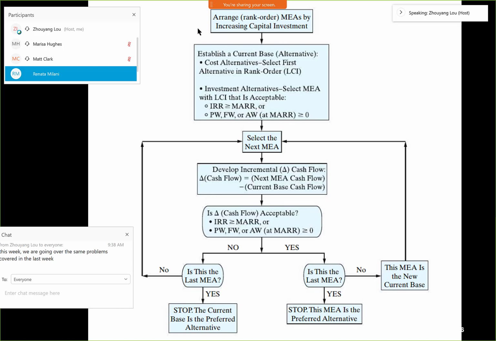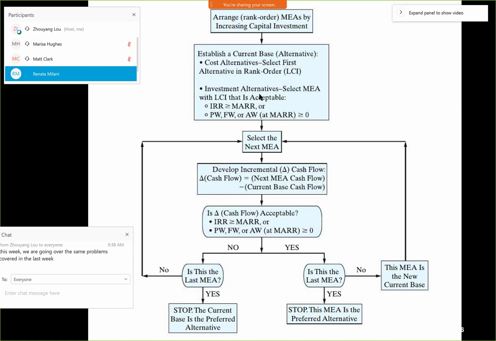So the general idea, we always first want to rearrange or rank order all the projects in ascending order of the capital investment, and then we select the least costly one as the base, and compare with the rest one by one.